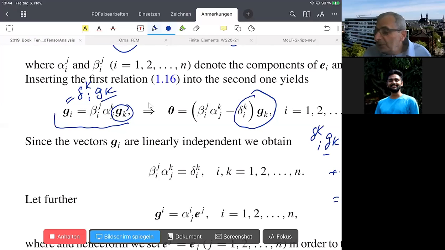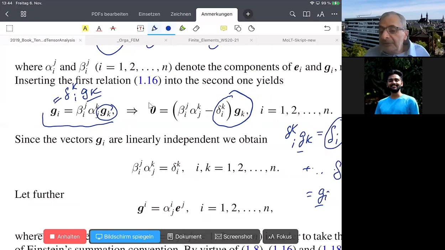Why do we do that? Because again, if I factor out g_k, I move everything to the right-hand side with a minus. And if we do that, we have an interesting story again. We have a linear combination of these vectors g_k which is the zero vector.